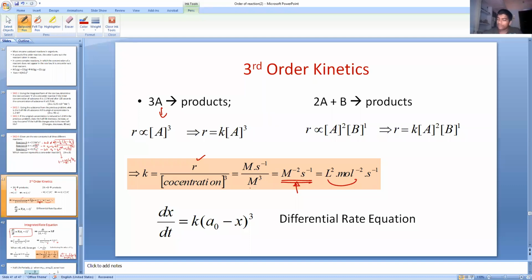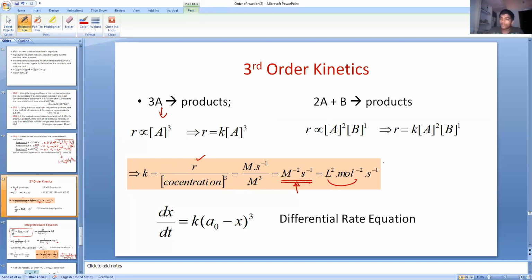One molarity gets cancelled, and therefore the unit of K, the rate constant for a third order process, is molarity to the power -2 second inverse, or time inverse. Or in terms of liter and mole, it is liter square mole to the power -2. In second order, it was liter mole to the power -1 because it was molarity inverse, only inverse. But here it is molarity to the power -2.